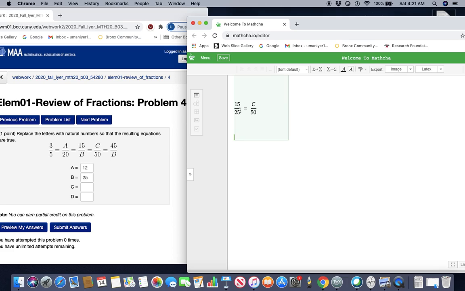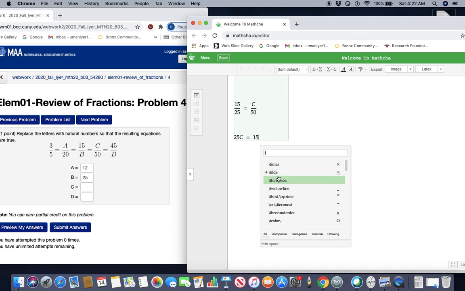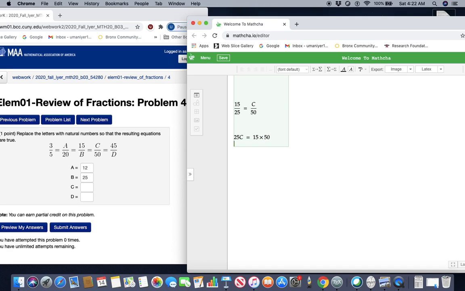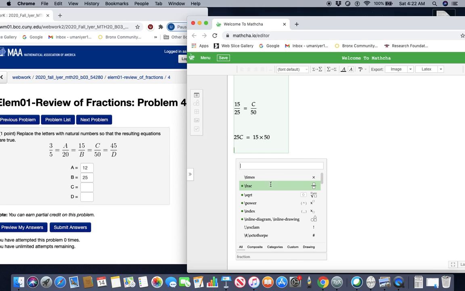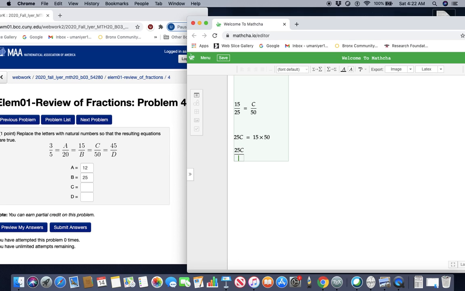You have 25 times C equals 15 times 50. Now we want to divide both sides by 25 to solve for C. So that's the fraction 25C over 25 equals the fraction 15 times 50 over 25.